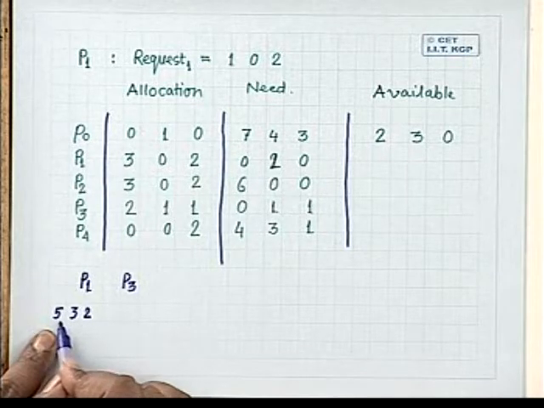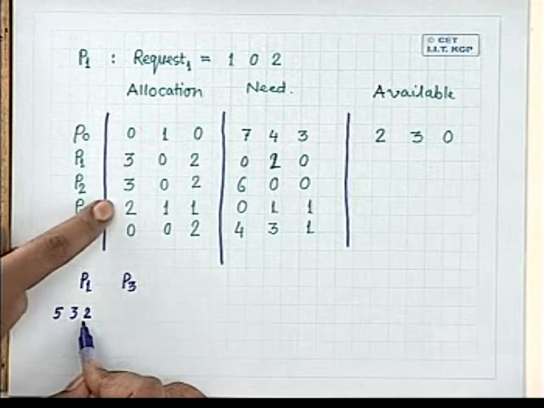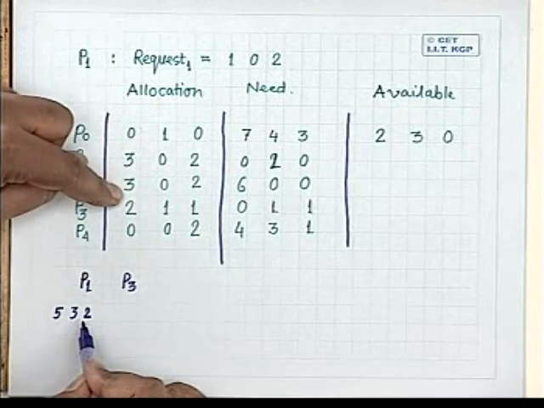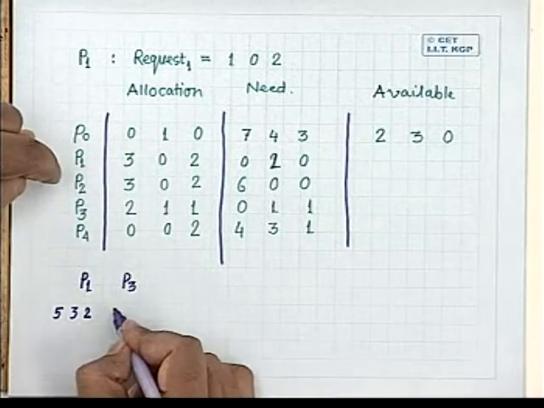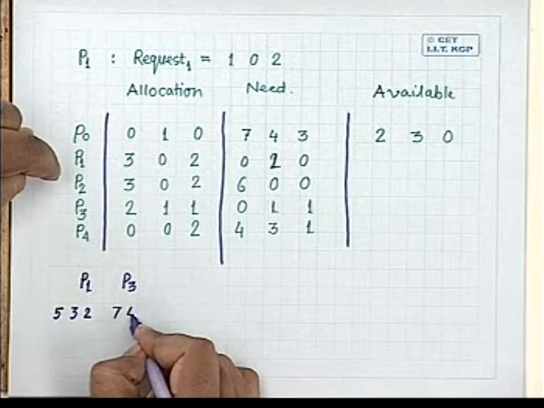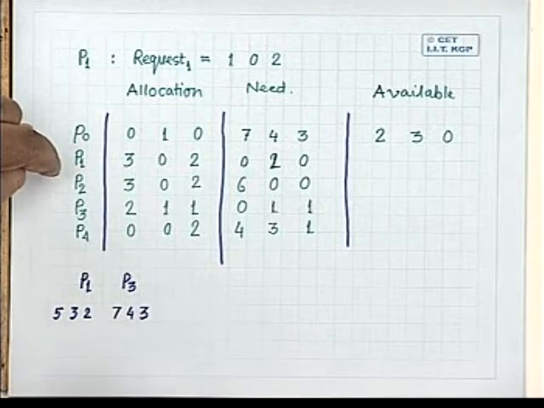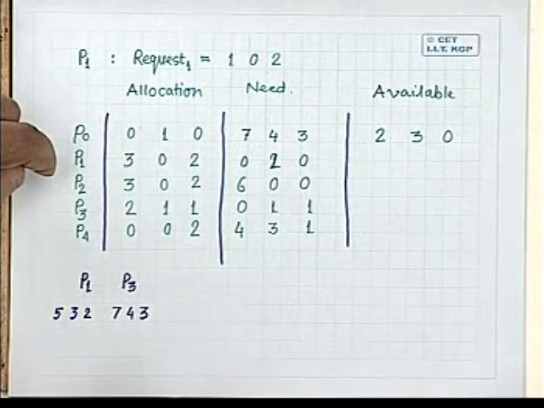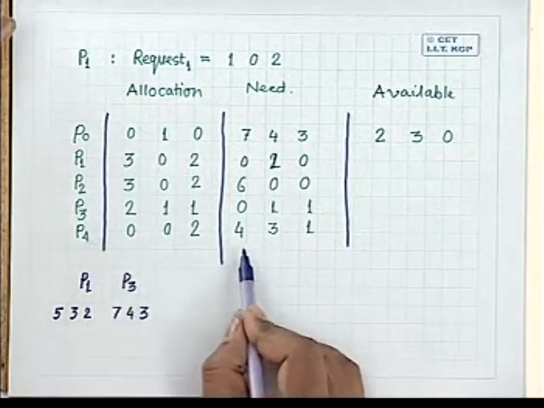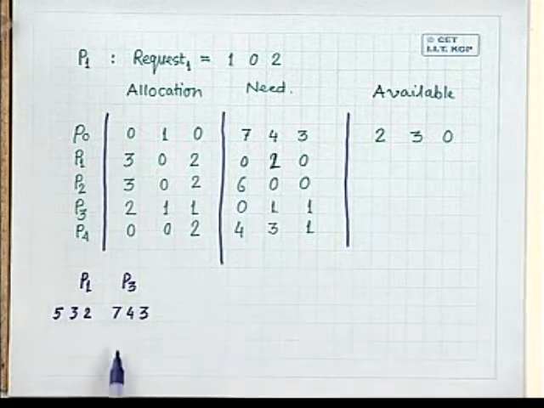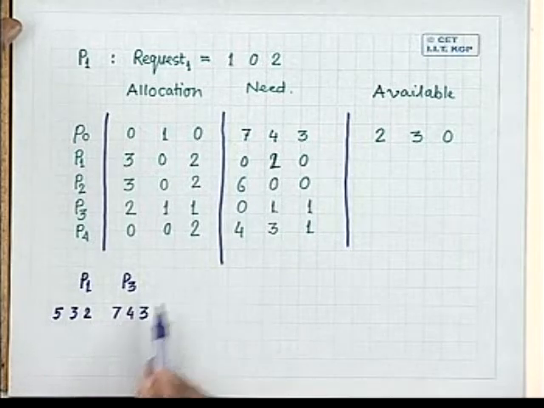So it will be 532 plus the resources which are allocated to process P3, that is 211. So the available resources will be 7, 4, 3 after P3 is complete. Future requirement of process P4, 4, 3, 1, which is less than or equal to this. So P4 can also complete.